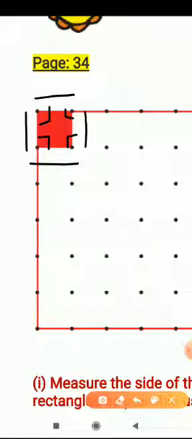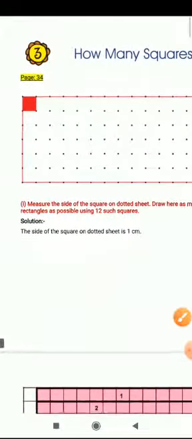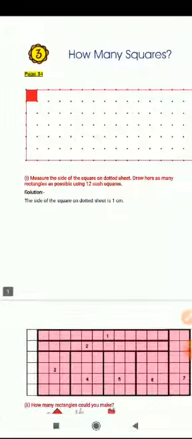So, what is the definition of square? Square is a shape which has 4 equal sides with 4 equal angles. Now let's read.